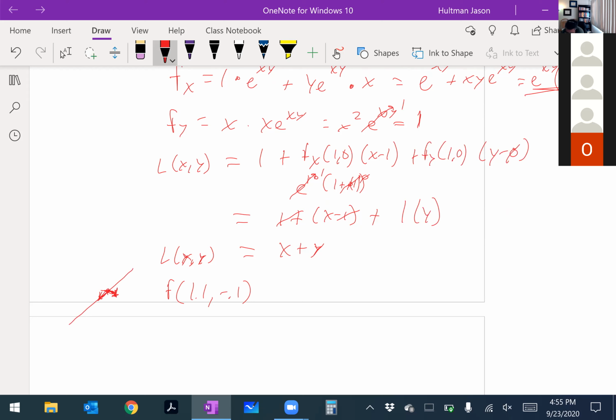We're only 1/10 of a unit away in each of these. Actually, it's the other direction for y because y is negative. So 0.1 in each of those directions.